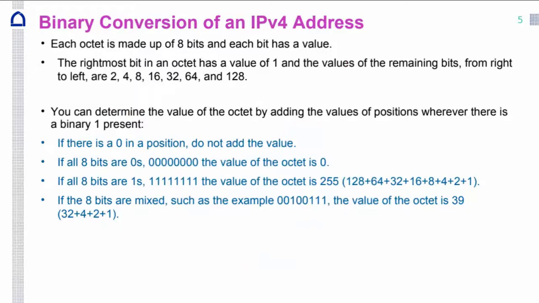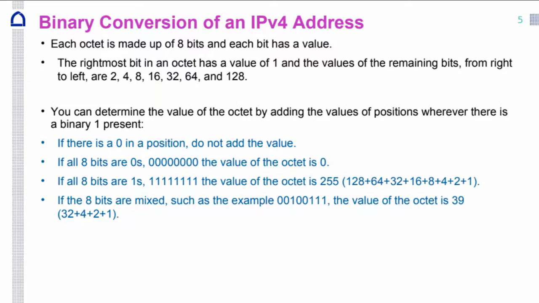So the binary conversion of IP version 4. The rightmost bit in an octet has a value of 1, and the values of the remaining bits from right to left are 2, 4, 8, 16, 32, 64, 128. If I have this number here, please let me magnify it.